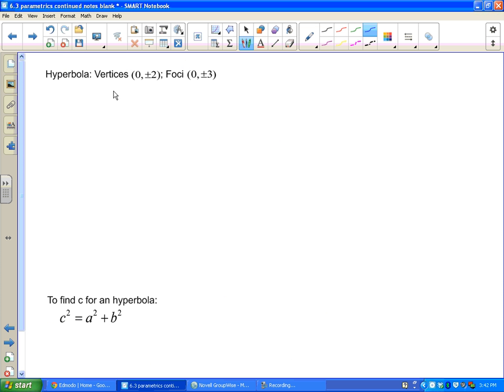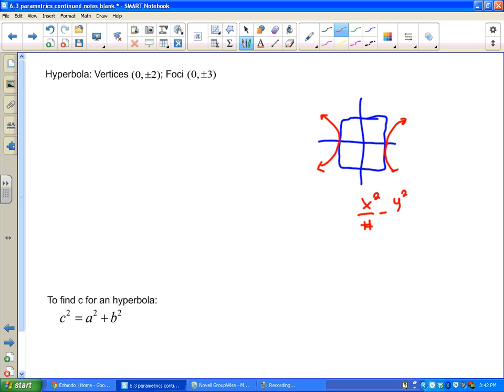So the hyperbola. Now hyperbolas, if you remember, were these things where we drew a box. We'll do this later on in the semester. We drew a box, and a hyperbola can go this way, like this. When it does that, it's something of the form x squared over something minus y squared over something.